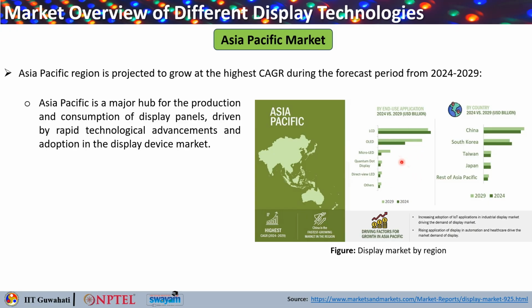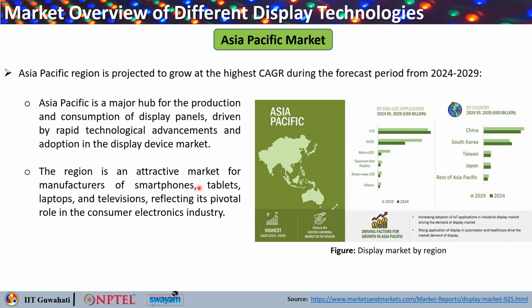So people are also investing towards micro LED, direct view LED and other technology. If you see country-wise, you can see China, South Korea, Taiwan, Japan, they are basically leading. So we need to catch up in terms of technology, okay, for competing with these giants in Asia Pacific.